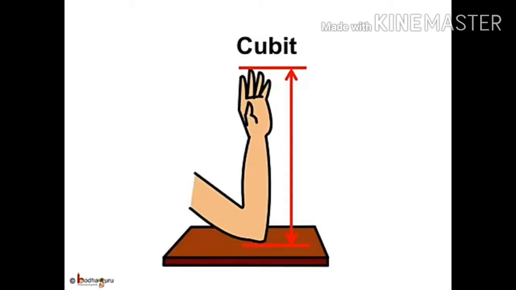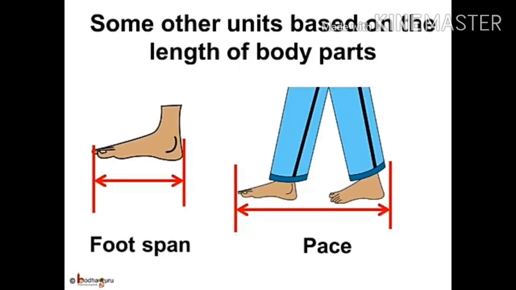This unit is called cubit. Not just hands, even other body parts like the foot were used to measure length or distance. As the name suggests, foot span was the length of a person's foot. And the distance of a step was also used, which was called a pace. We no longer follow these units nowadays.